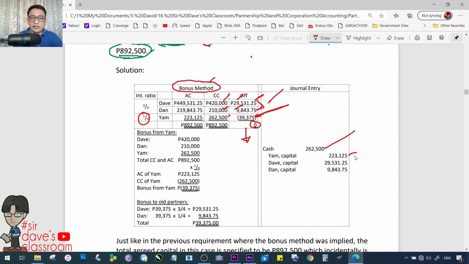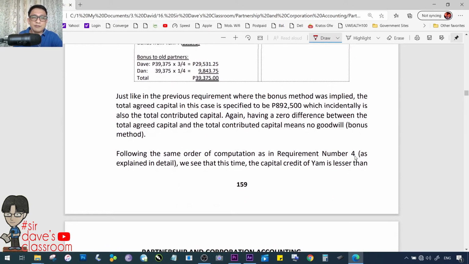Ganito din for Dan, 9,843.75. Okay? Okay. So sabi natin dito, just like in the previous requirement where the bonus method was implied, the total agreed capital in this case is given to be 892,500, which incidentally is also the total contributed capital.